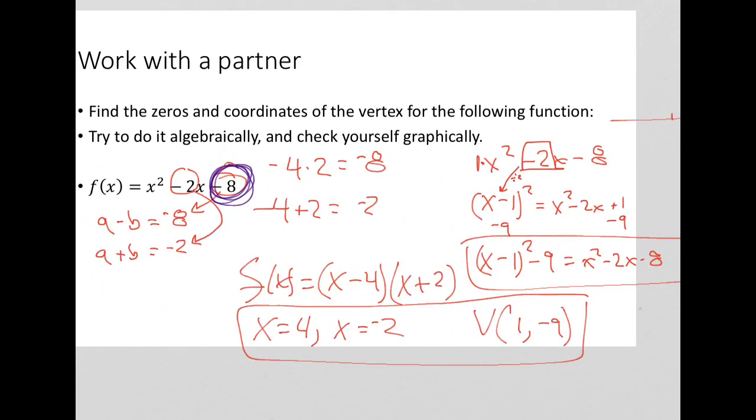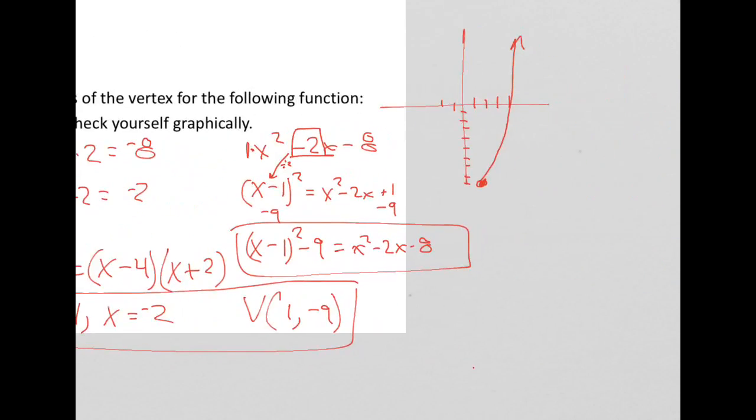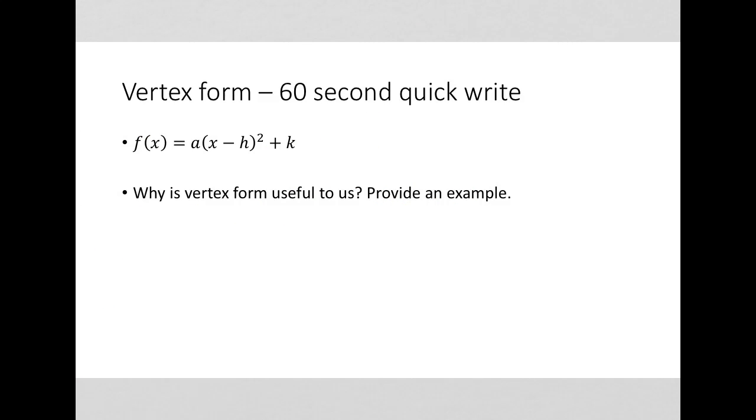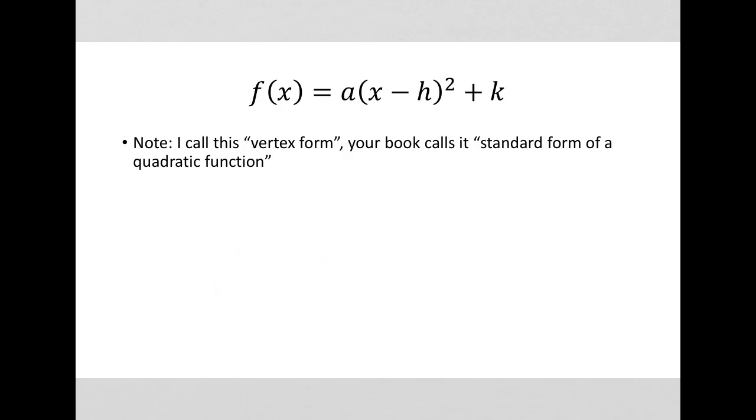Oh, negative 8, because your constant term is your y-intercept, so I'm going to get that point right there. And I got myself a pretty decent looking graph without too much work. So that's pretty much all we're doing in this lesson today. Again, vertex form is useful because the vertex is the point (h, k). Yep. Remember we talked about that.